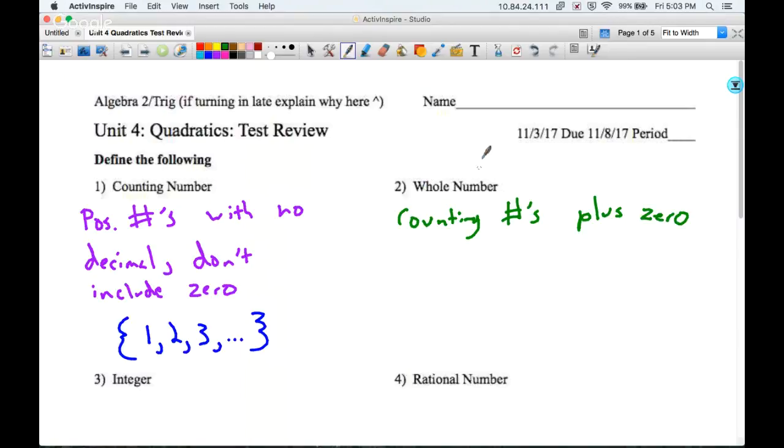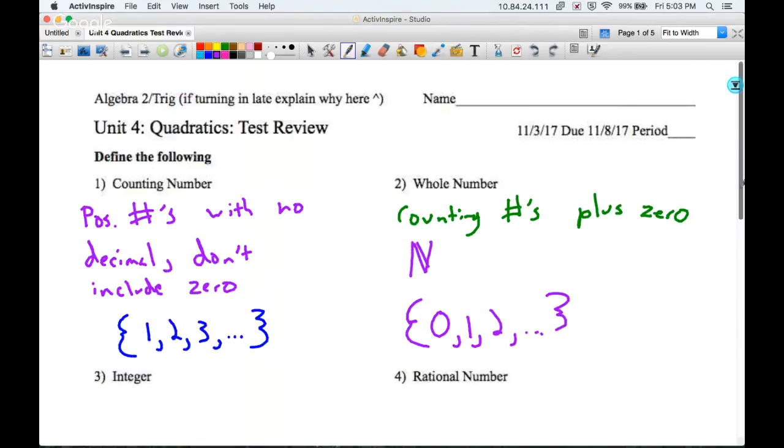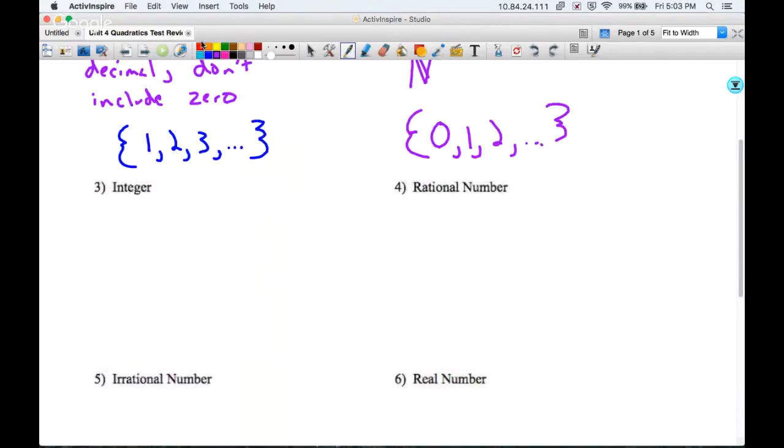Once we get to the whole numbers, we can use this symbol, W with a double stroke. And so now this is like 0, 1, 2, and so on. All right, integers are positive and negative whole numbers.